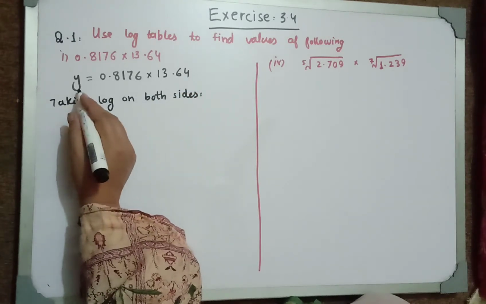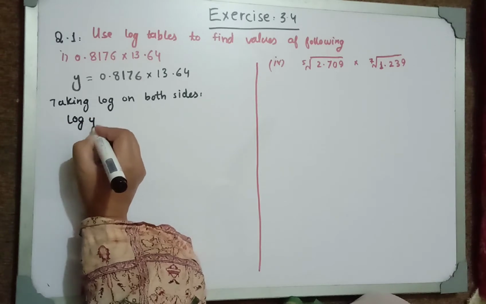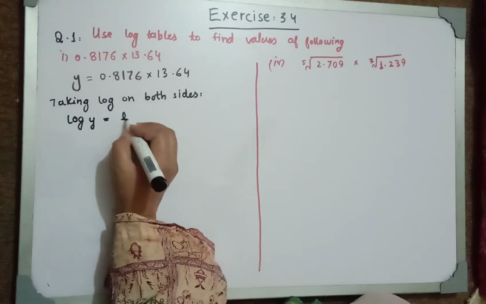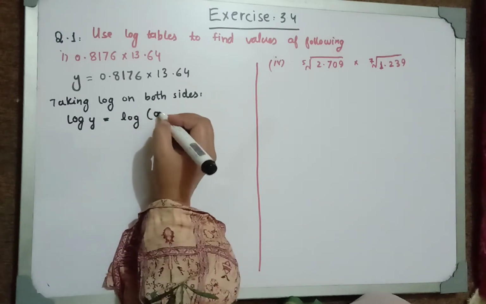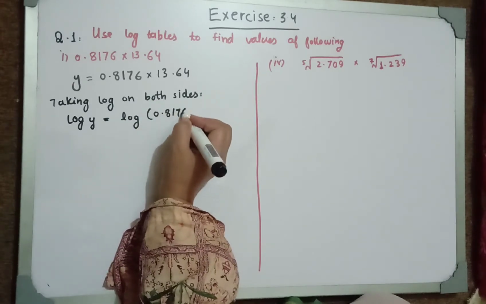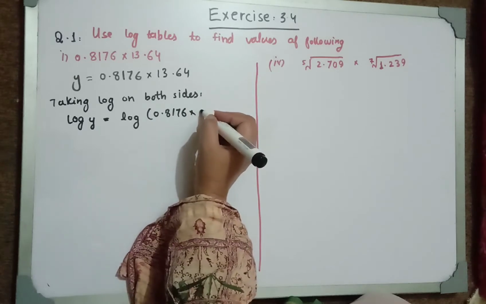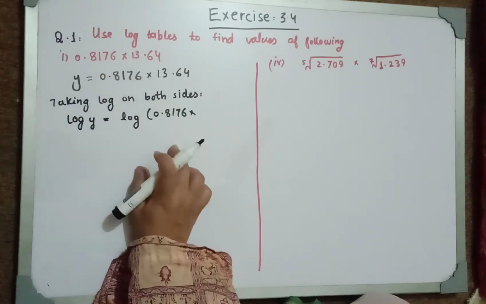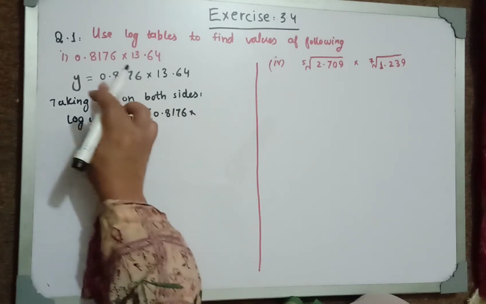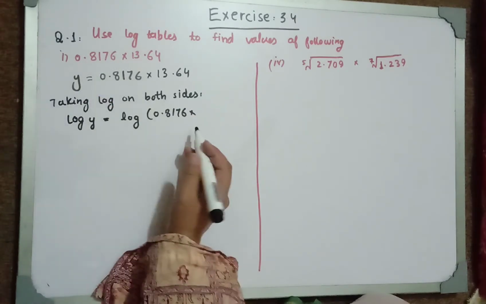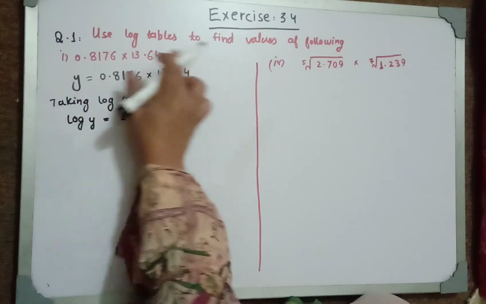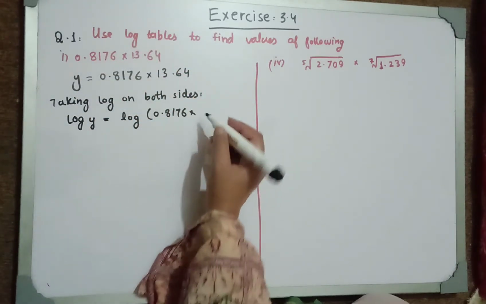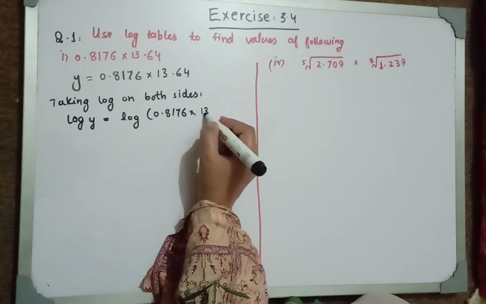So we will get log of y is equal to log of this whole term, 0.8176. I'm putting it in brackets because if I write log with this number only, that won't be correct. As we are taking log on both sides, the log on this side will be the log of the whole value. So writing it.